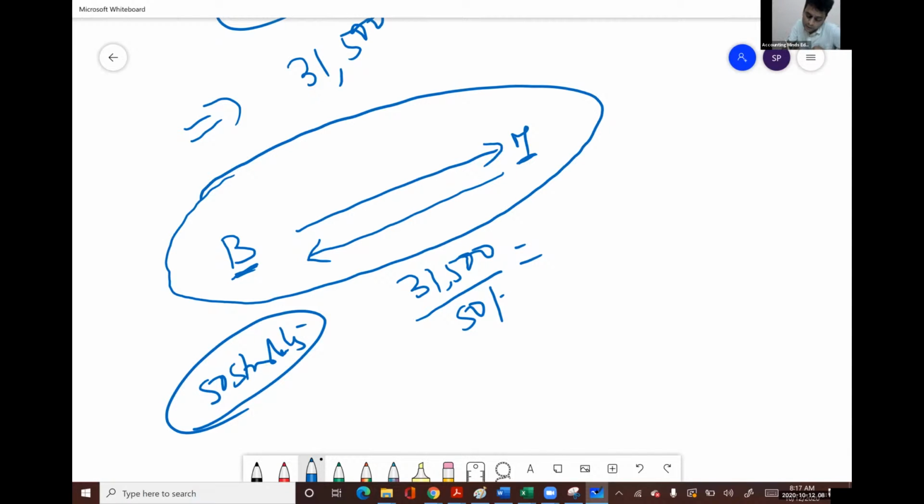Do you agree? Urmila and Sudipta, do you agree? And Nitya? So how much is that? 31,500 divided by 50 students: 630. You would have charged 630 per month.